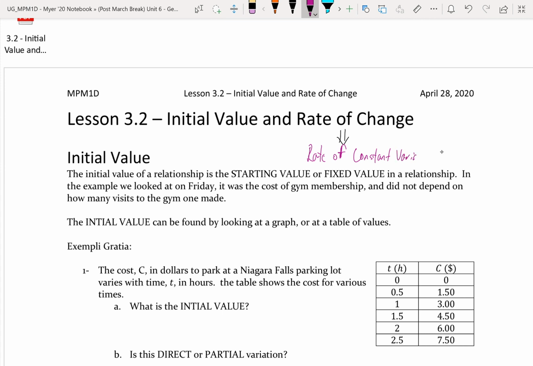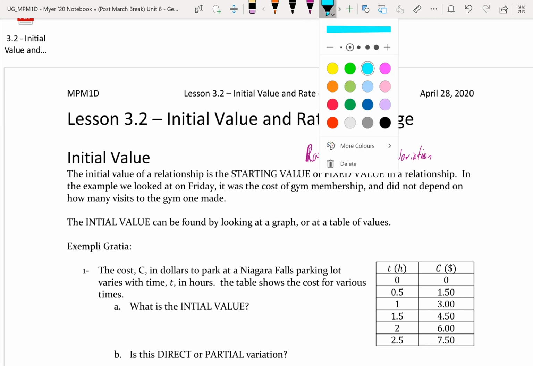In any case, the point is when we're looking at an equation, or if we're looking at a table of values, we're trying to see if there's a rate of change. That's what we're really interested in. And we're also looking at this thing called initial value.